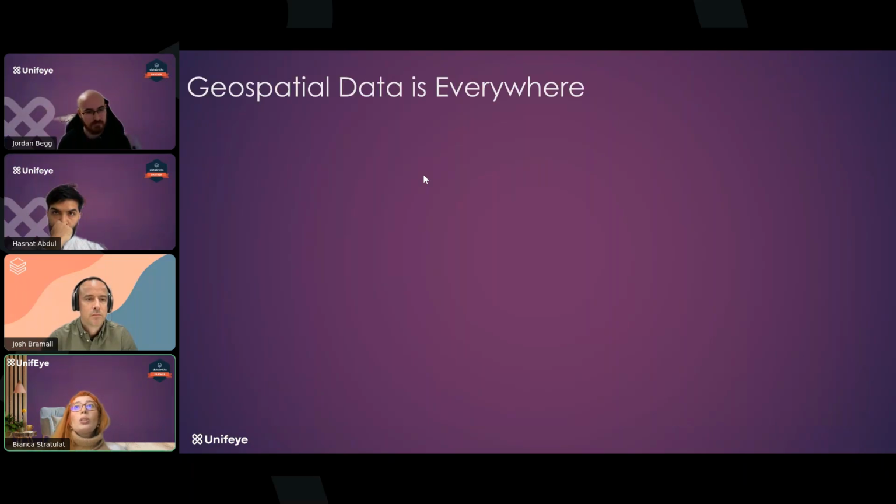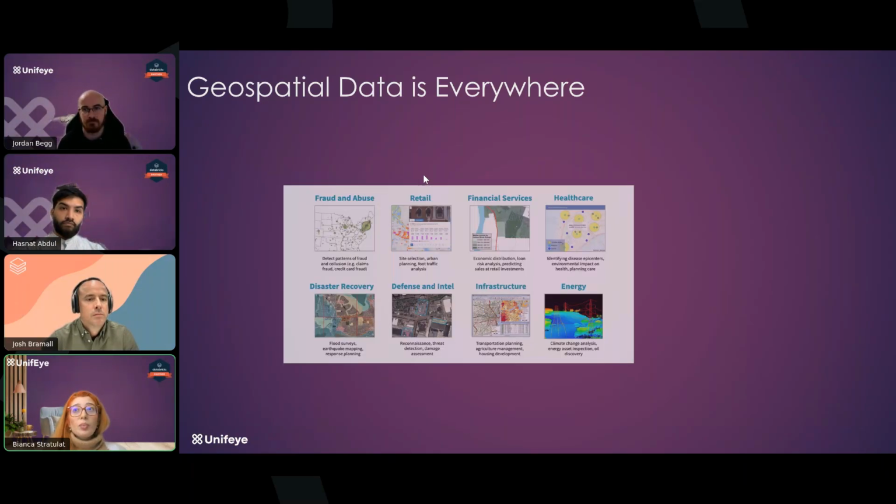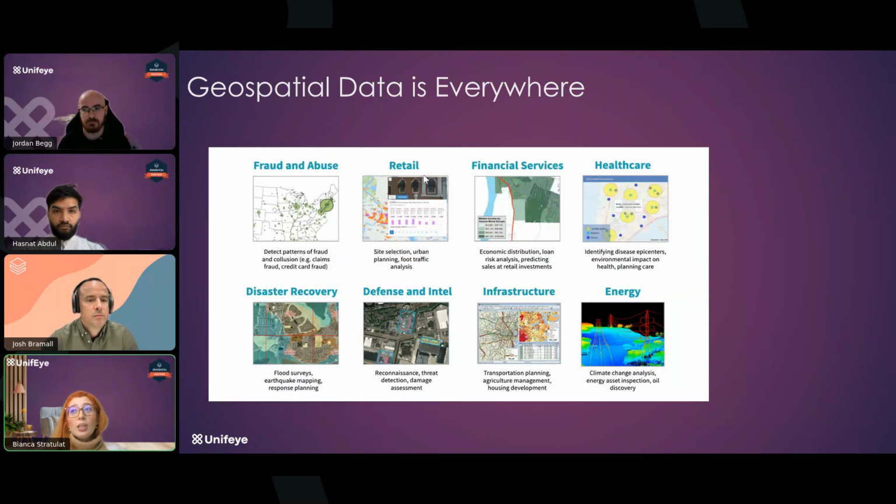When we talk about geospatial data, it's easy to think only about maps, but in reality, almost every data set has a spatial component. If you look at the examples on this slide, you will see how broad the applications are. So if we look on the left side, in fraud and abuse detection, location patterns can reveal unusual activities such as multiple insurance claims filed from the same region or repeated transactions at unexpected places.